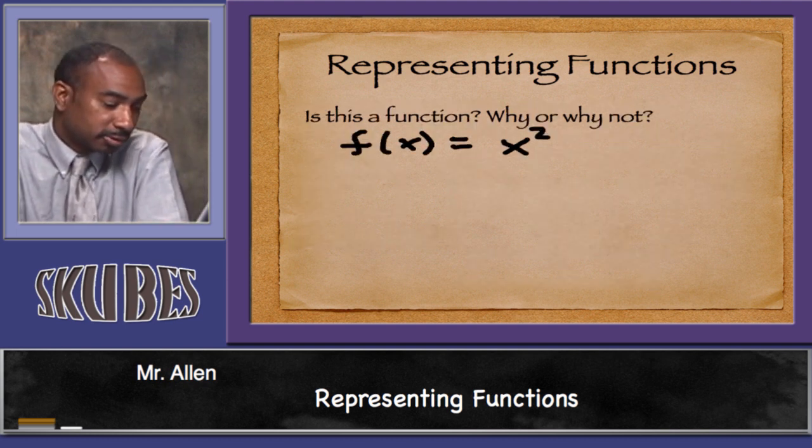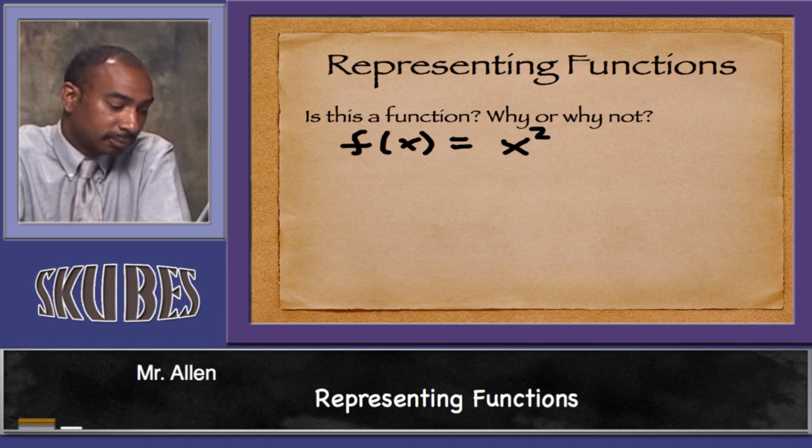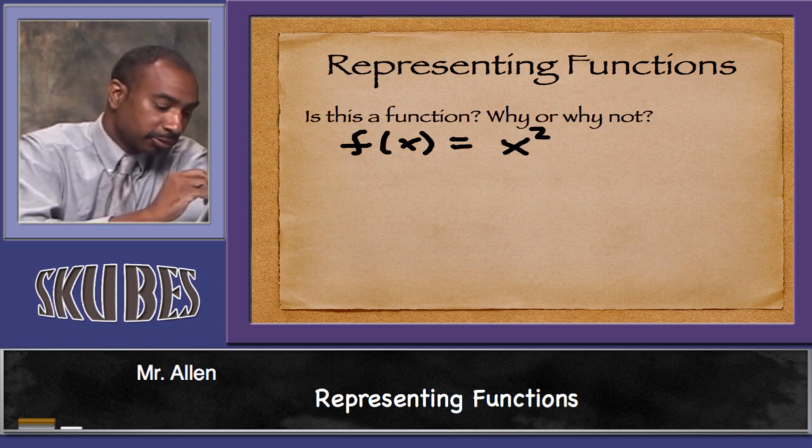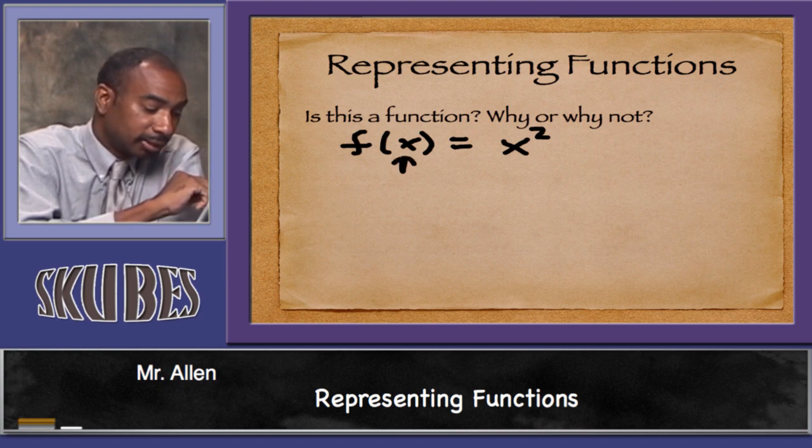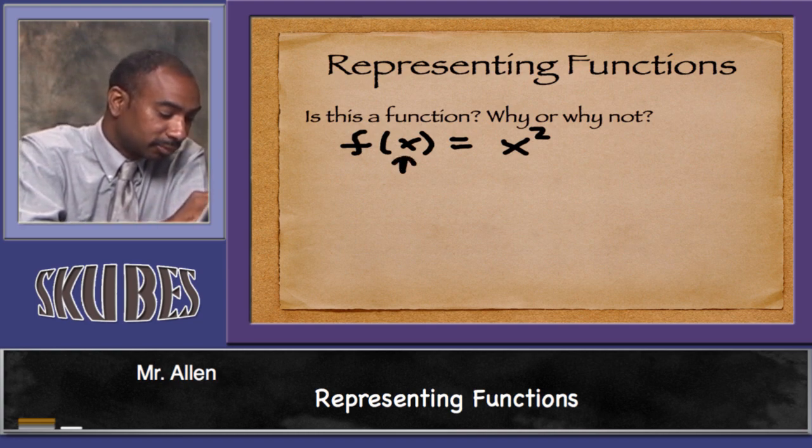Is this a function? Why or why not? So we have f of x equals x squared. I have it in function notation. So think about that. You can pick any values for this because this is the independent variable. So let's say 0, 1, and 2. Let's just try that.